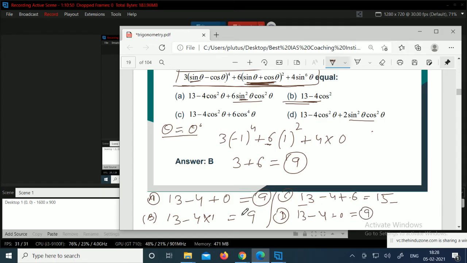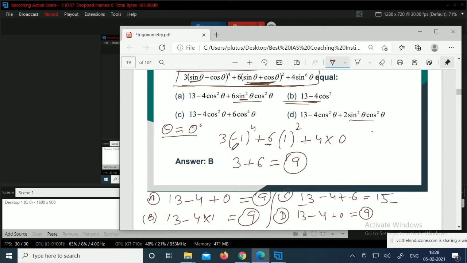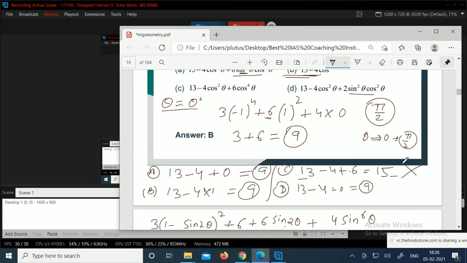So we are getting three options equal at 0. So we can also use theta equal to pi by 2. Now replace the value of theta 0 with pi by 2. One option is eliminated because we have 9 as the question expression and 3 options as 9. So we can eliminate option C easily.